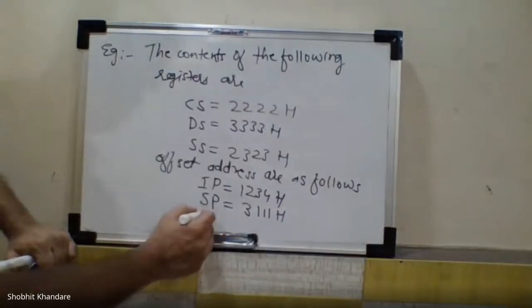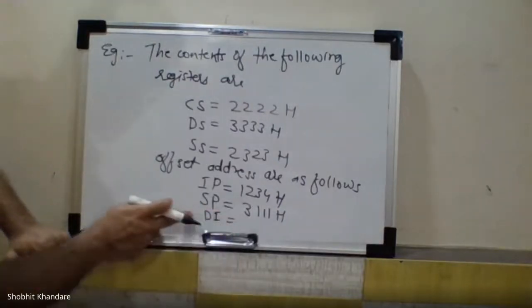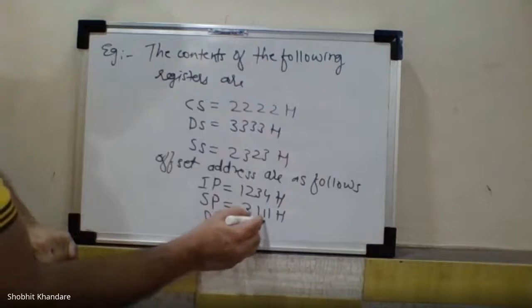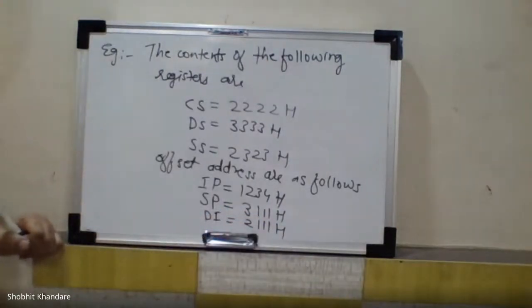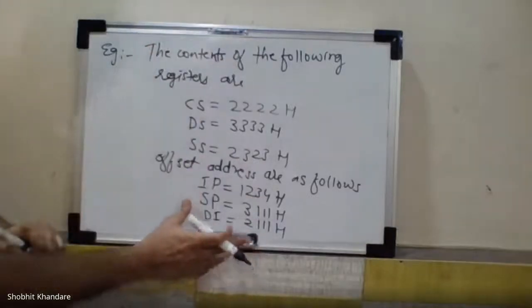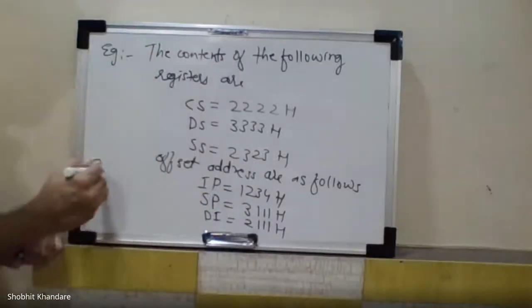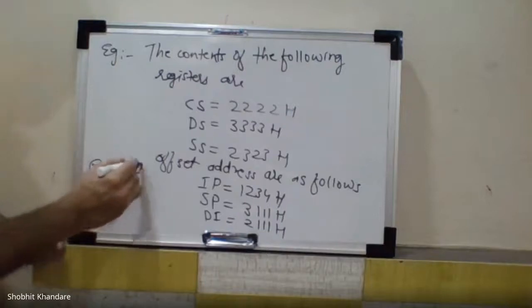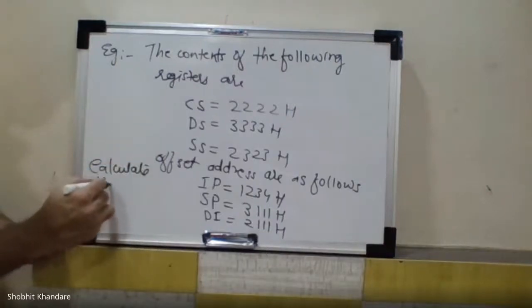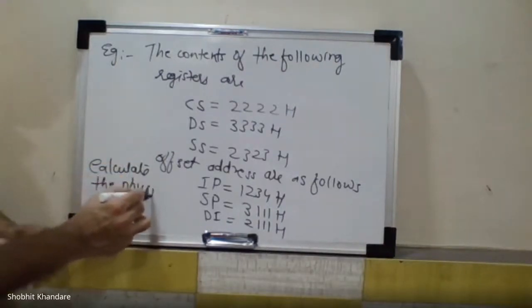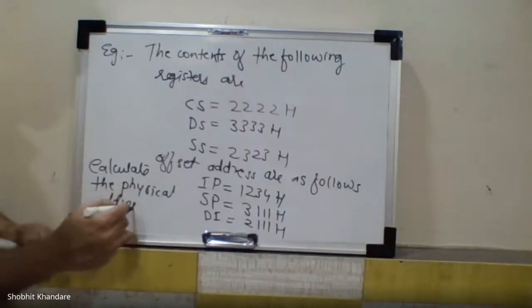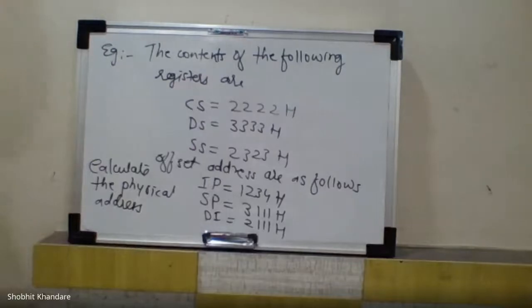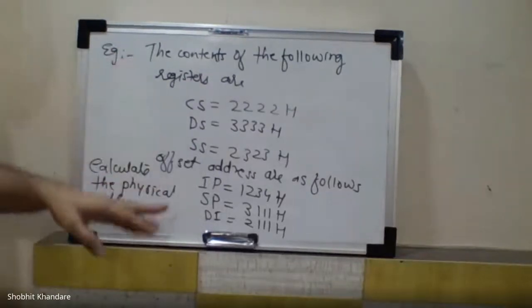And the last one is DI, the destination index, given as 2111H. After giving all this information, they are asking us to calculate the physical address. So this is the question given to us.